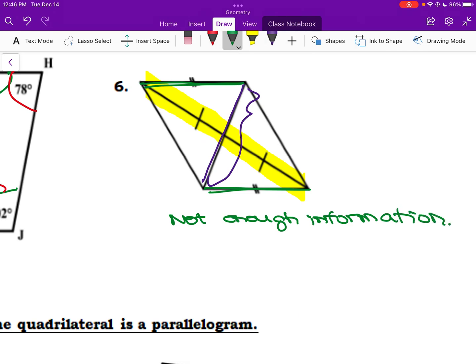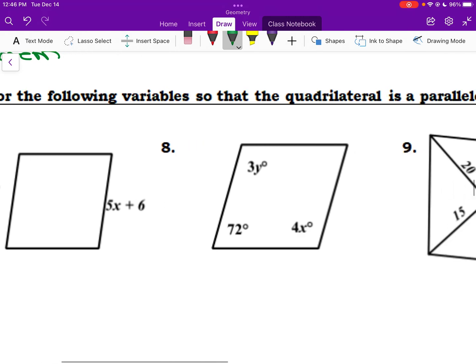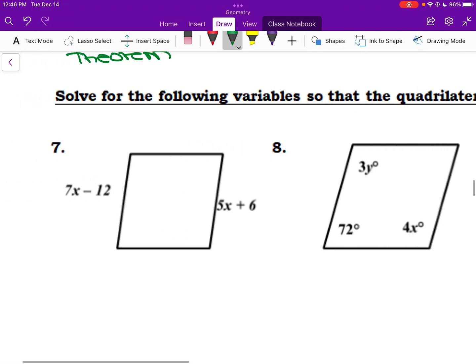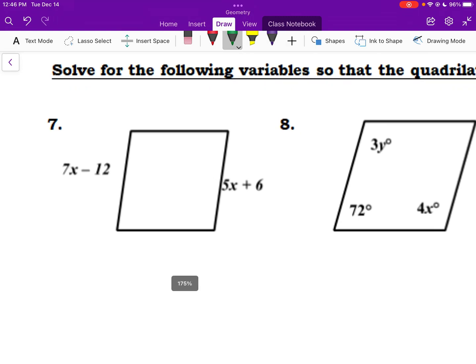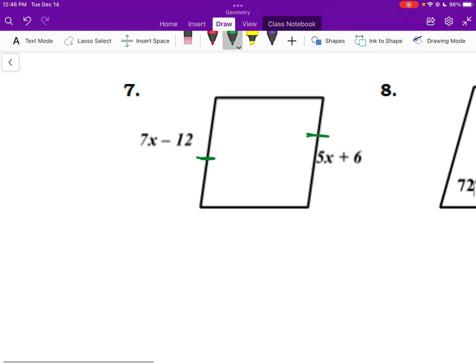Cool. Okay, and then as has been the case, it wouldn't be a complete lesson without some algebra. So we're going to be solving for the following variables so that we confirm the quadrilateral is a parallelogram. If I'm looking at number 7, if I wanted this to be a parallelogram, I would need to have these two opposite sides be congruent. And in order for them to be congruent, I would have to set the expressions equal. So 7x minus 12 equals 5x plus 6.